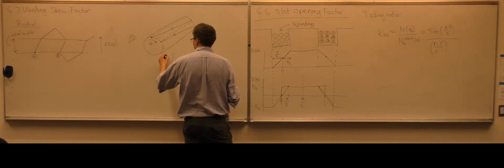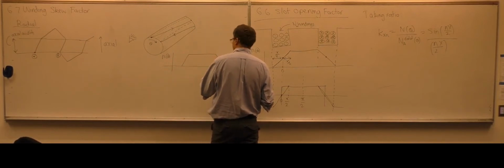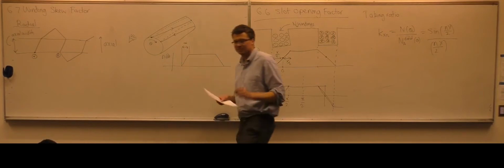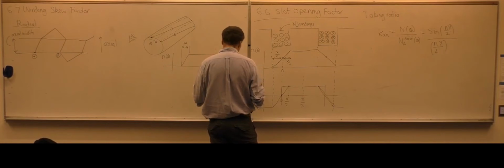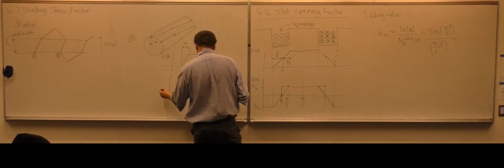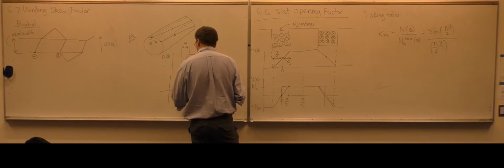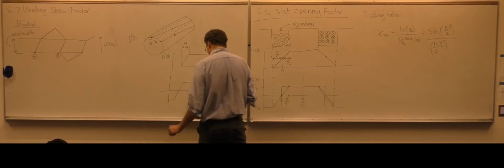So the turns function would then look like this, where I'm defining this as alpha, not gamma. And so then we have the same winding function, the one we derived before. We can use the same thing, we just put different values in.